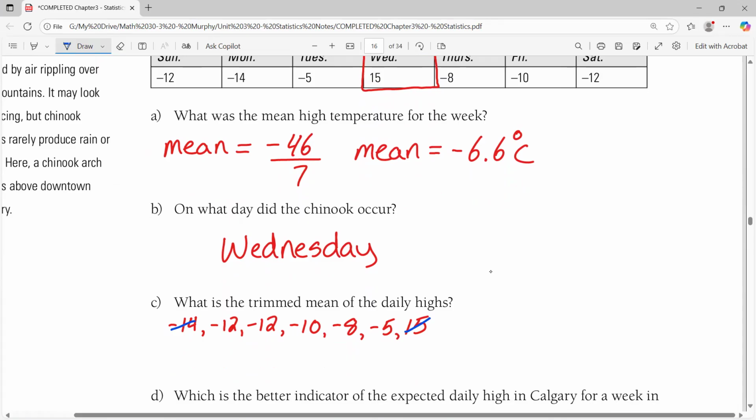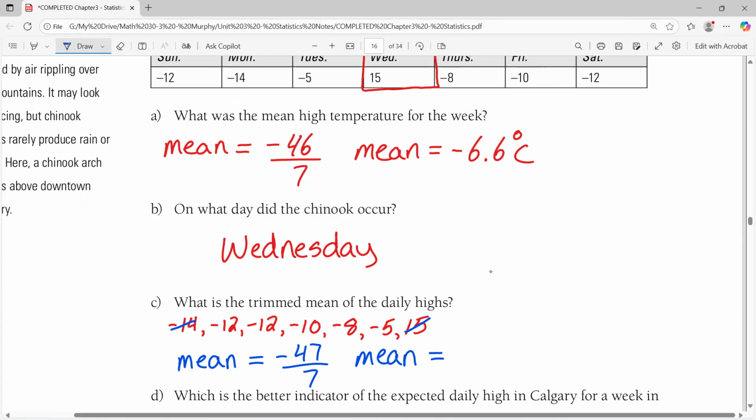So now add those up that are remaining, and we should get a better number for the average temperature. So -47 divided by 5.